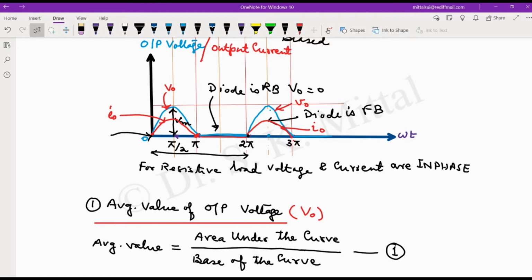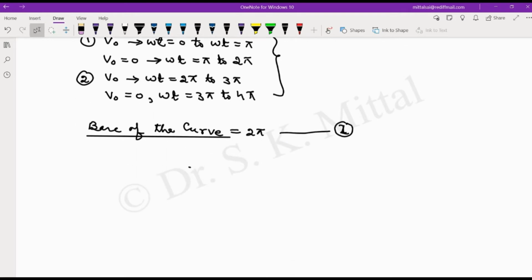Again, positive output voltage starts from omega t equal to 2 pi. Means the same pattern of output voltage repetition takes place for 2 pi span. Therefore, base of the curve is 2 pi.